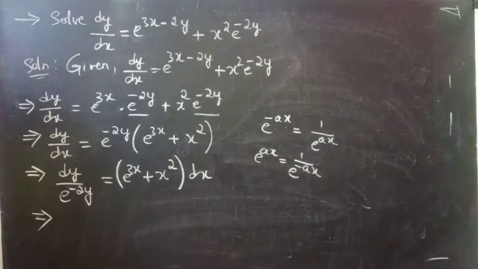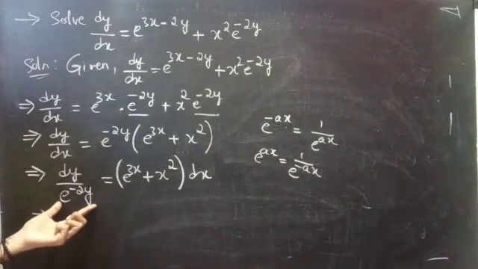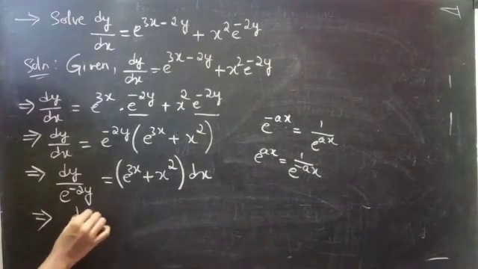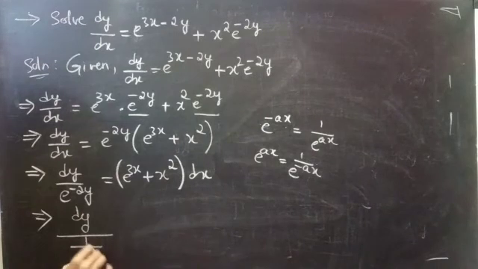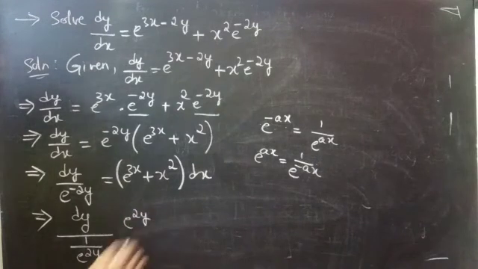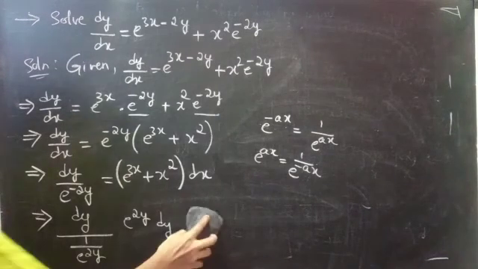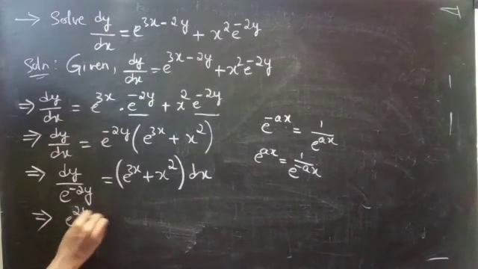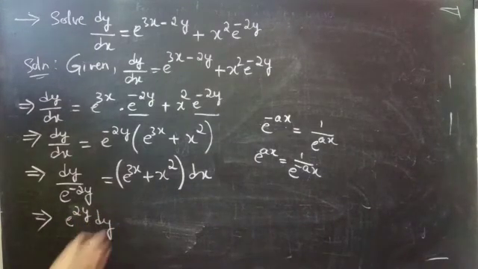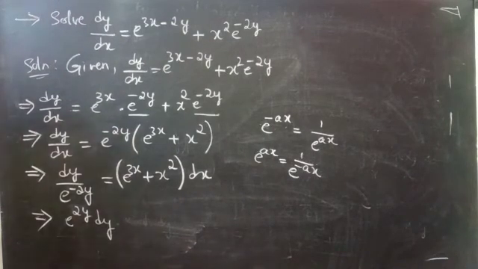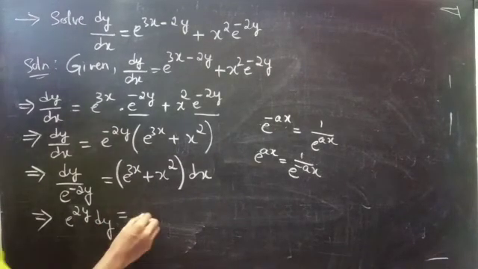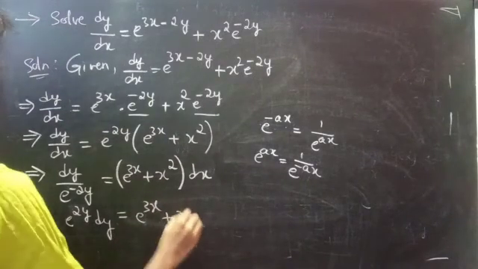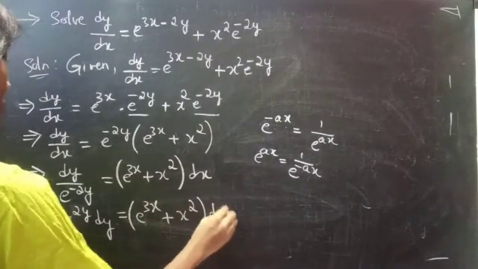So you can write it as dy by 1 by e power 2y, which becomes e power 2y into dy. So this becomes e power 2y into dy equals (e power 3x plus x square) into dx.